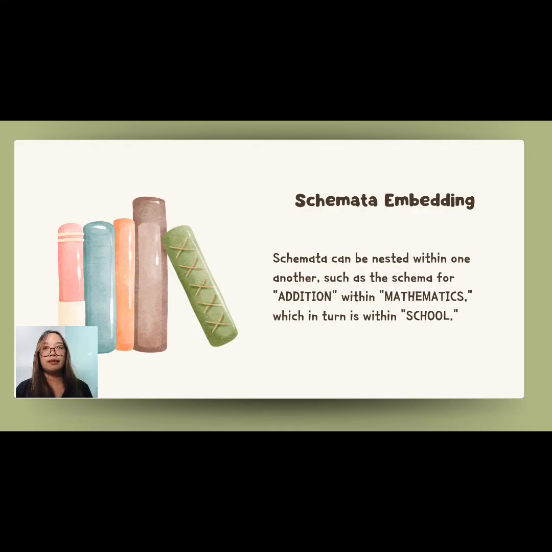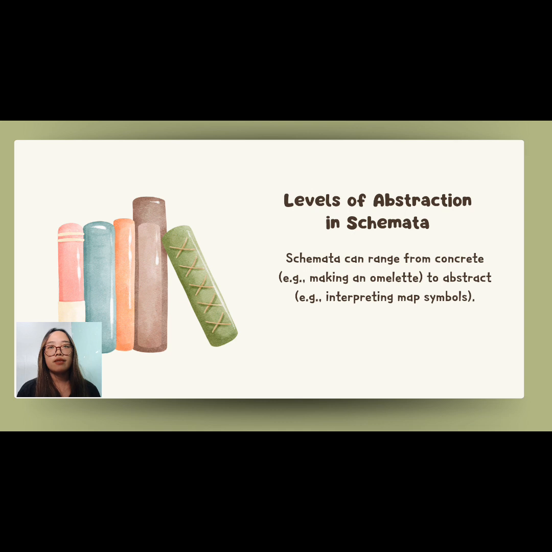Schemata embedding. Schemata can be nested within one another, such as the schema for addition within mathematics, which in turn is within school. Levels of abstraction in schemata. Schemata can range from concrete, for example, making an omelette, to abstract, such as interpreting map symbols.